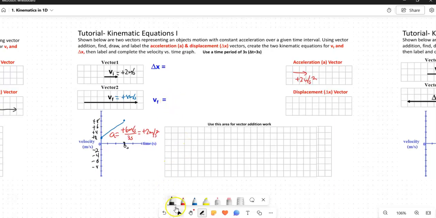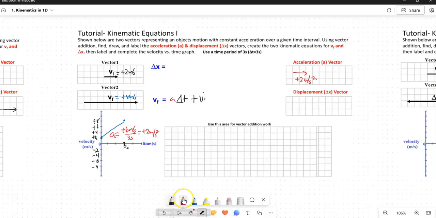So writing our equations, which we don't have to solve for anything, we could just write our equations, which again is going to be a delta t plus initial velocity, which should be black.